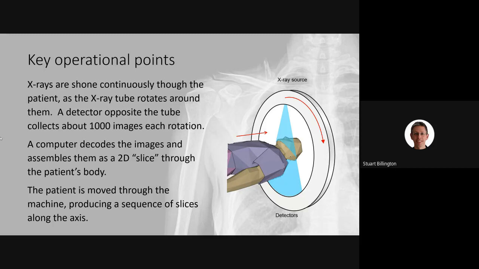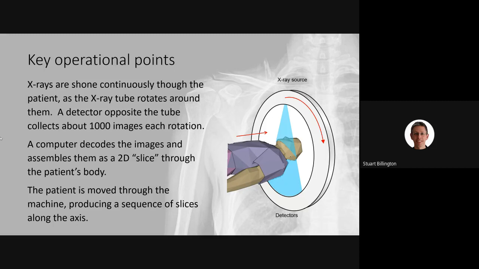Also, when we look at X-rays, usually it's a single X-ray from one direction. And so we see a two-dimensional image that's effectively a shadow of a two-dimensional flattening of the patient. But in this case, we're going to be taking X-rays from multiple directions.